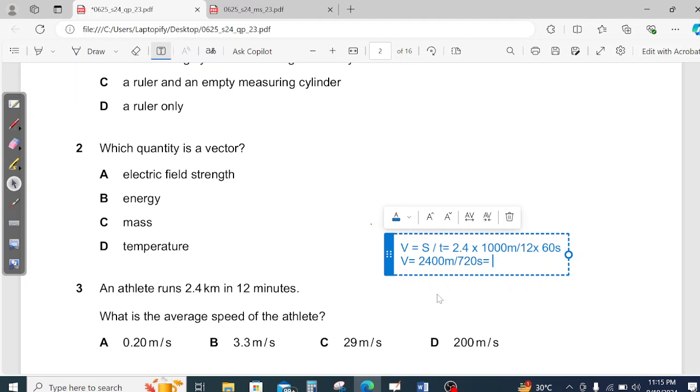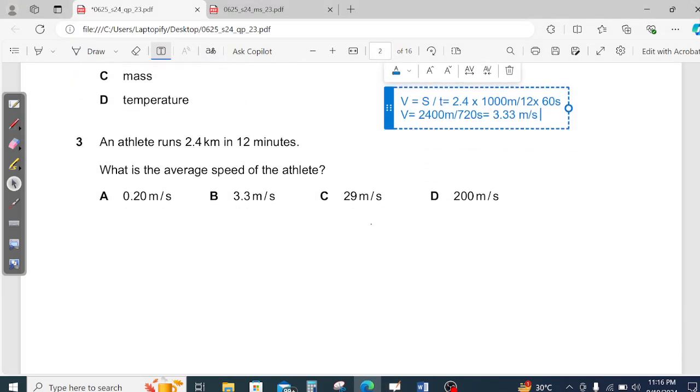Now divide 2400 by 720, and you will get 3.33 meters per second. So your option will be D. It is a very simple and easy question. Okay, now move towards question number 4.